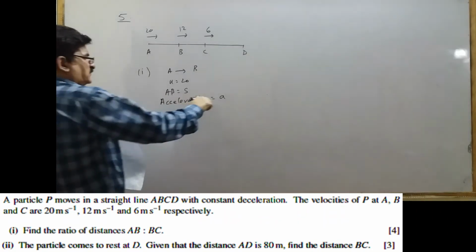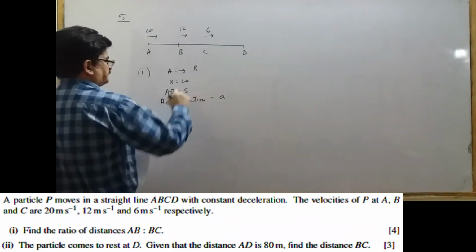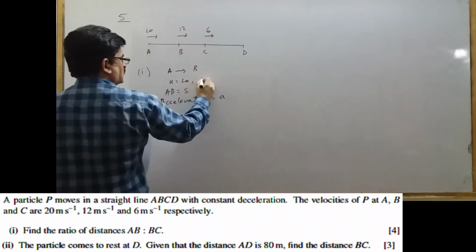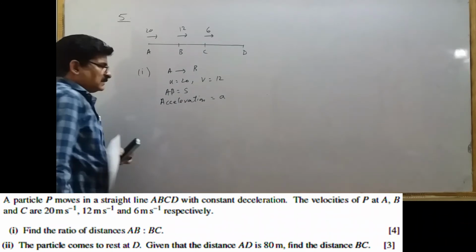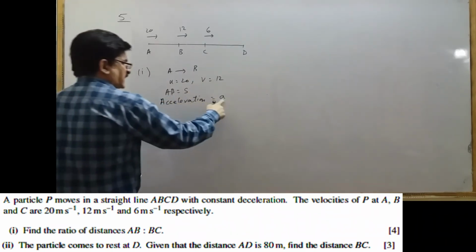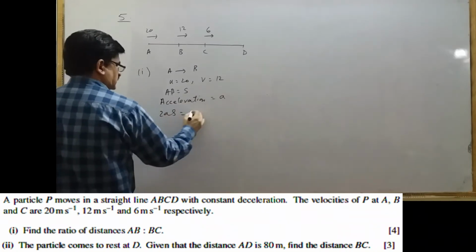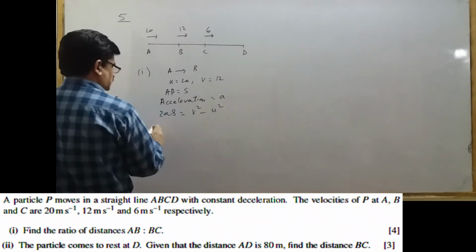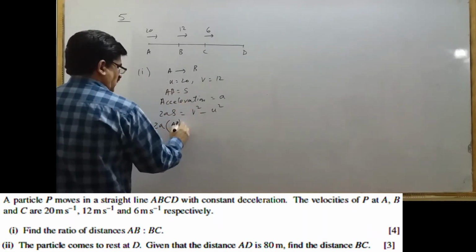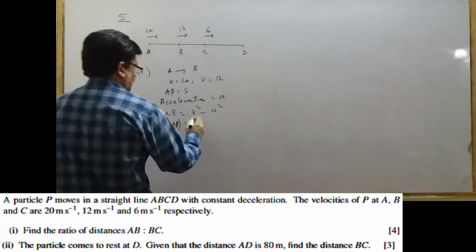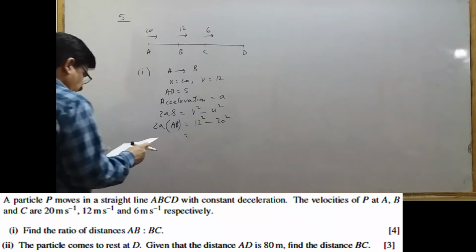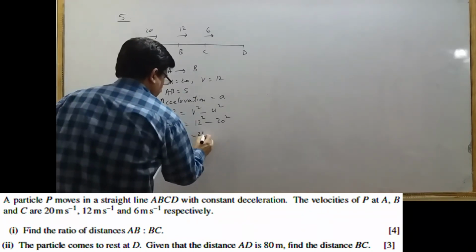You are not asked to find the acceleration or this distance. But you are given the velocities. Also v is given to be 12. Now the equation of motion which involves initial velocity, final velocity, displacement and acceleration, you know, is 2as is equal to v square minus u square. Now you don't know a, but s is distance or displacement is taken to be AB. v square is 12 square minus 20 square. You simplify this, you will get minus 256.